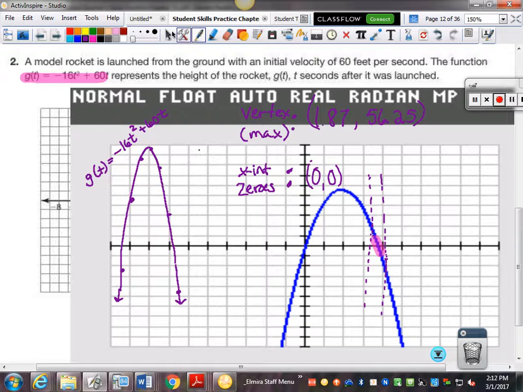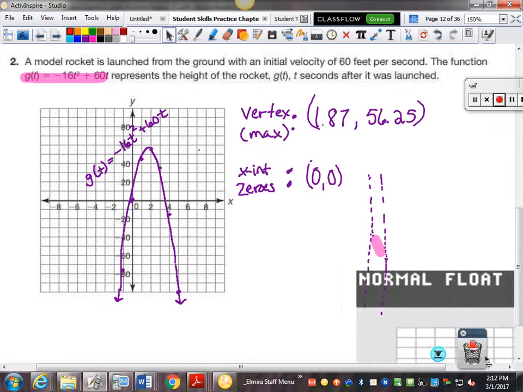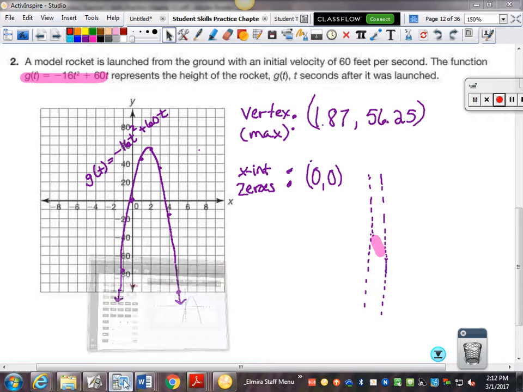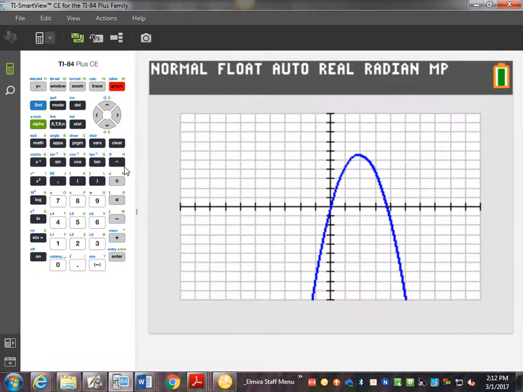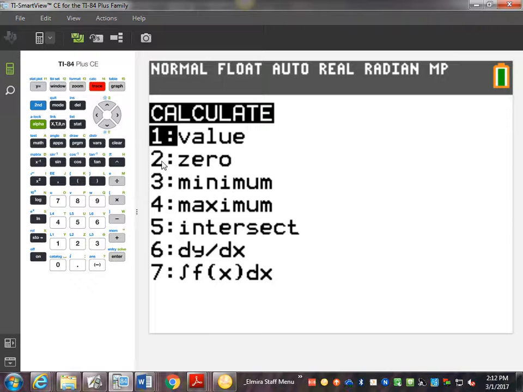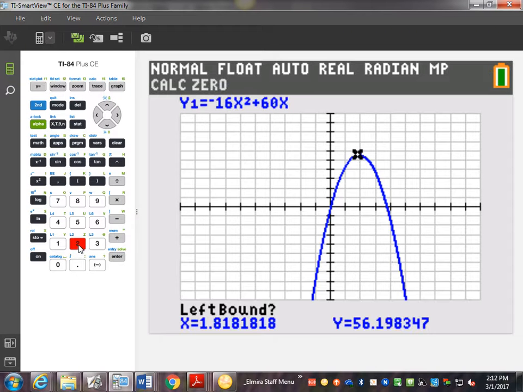So let's show you this on the calculator. It's the same procedure, second calc, but this time we're going to choose 2 for zero. And we want to be to the left of the zero for our left boundary.